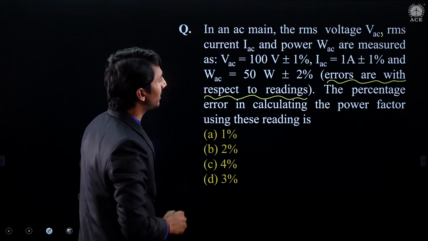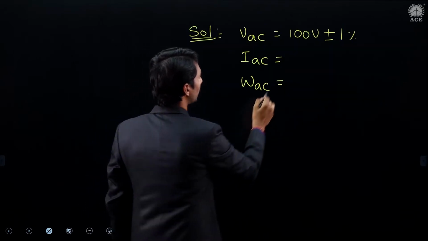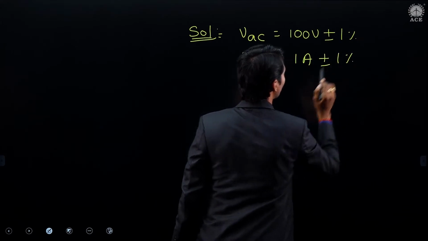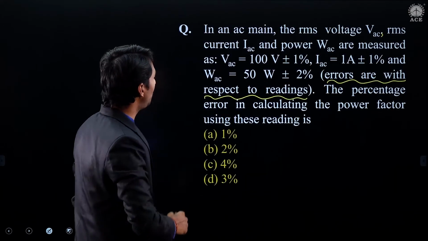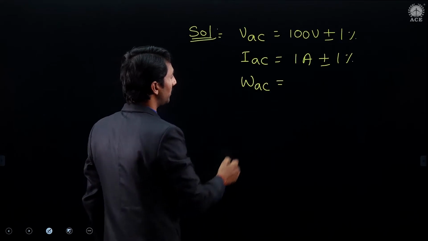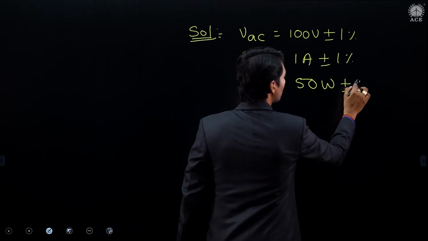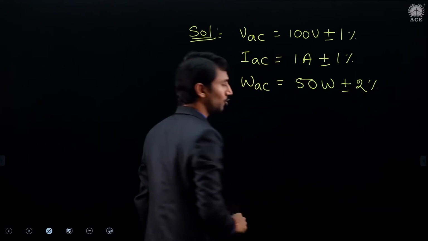IAC is 1 ampere plus or minus 1%. WAC is 50 watt plus or minus 2%.